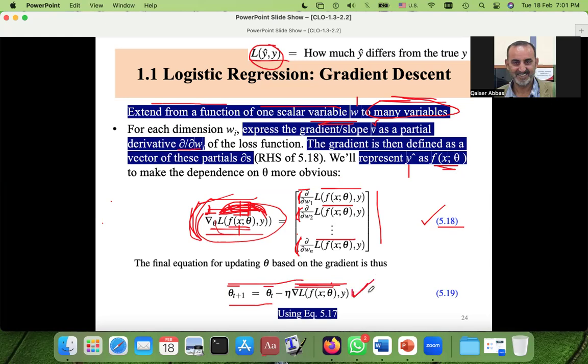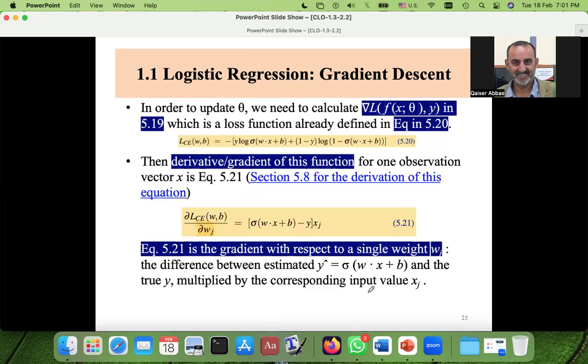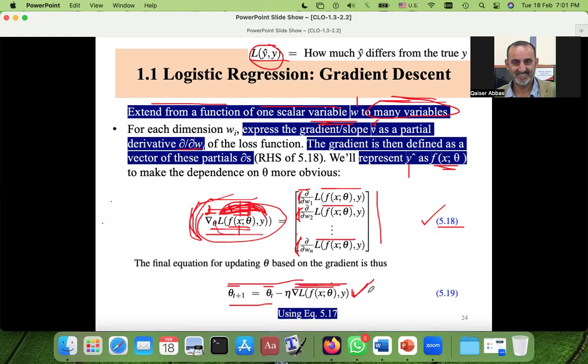Okay, from this point we are moving forward. Here the number of weights you're talking about is represented by n. It's reflecting the number of features, right? Each feature has a weight.